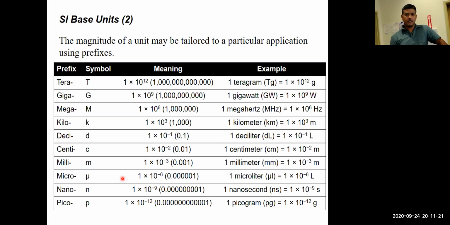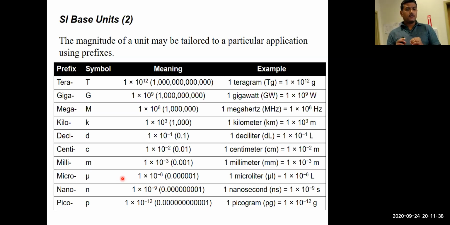Here is a table that you can use to symbolize the magnitude of a base unit. In the previous slide, I said length has a base unit of meter, and mass has a base unit of gram.